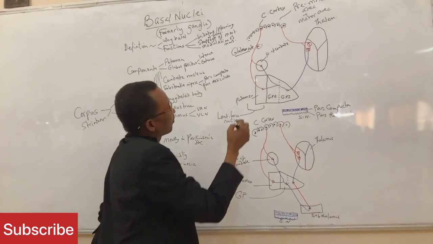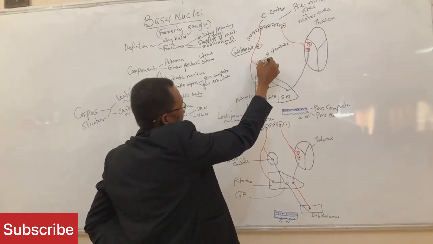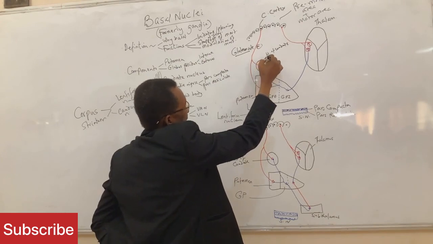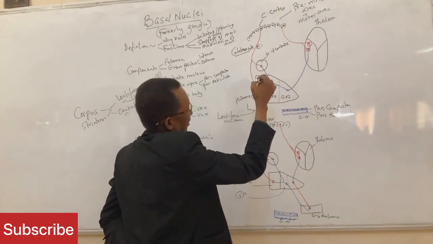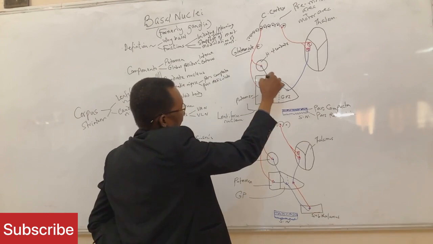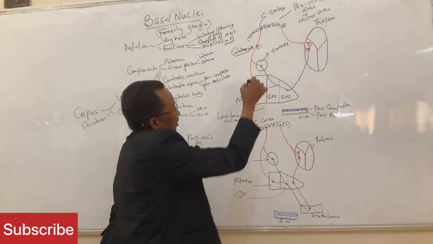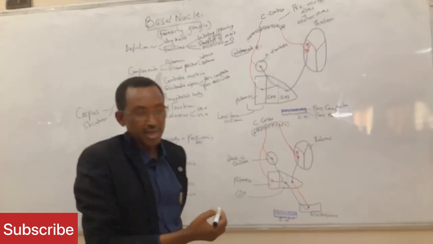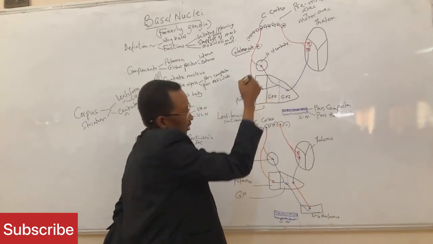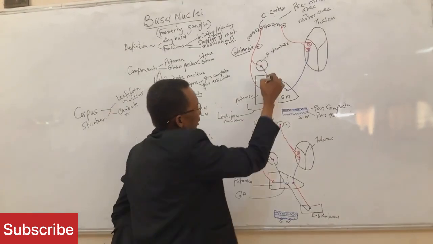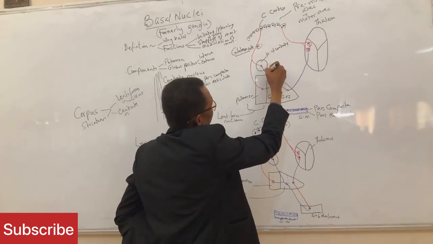So now, as soon as this neuron comes into the head of the caudate and the putamen, it synapses with another neuron. This neuron is different from the neuron coming from the cerebral cortex into the head of the caudate as well as the putamen, in that this neuron releases what we call GABA.